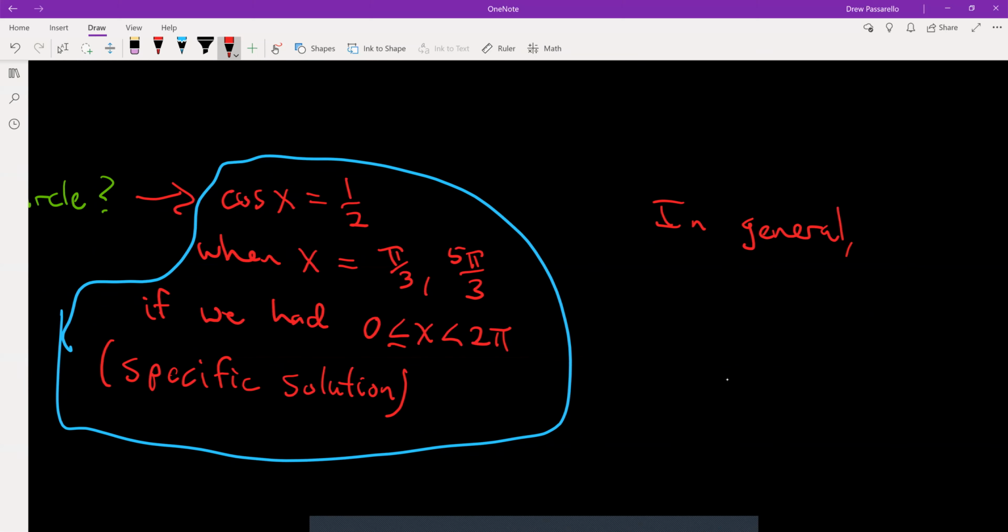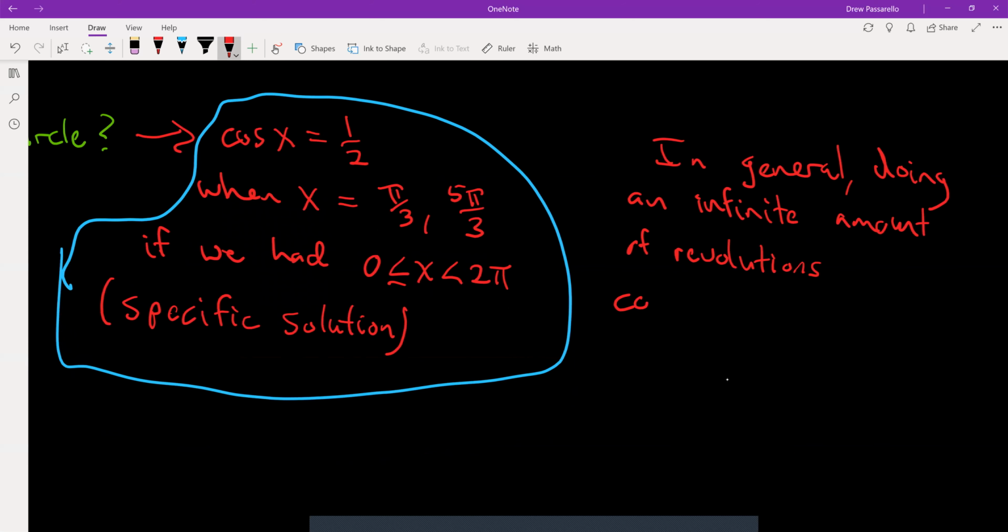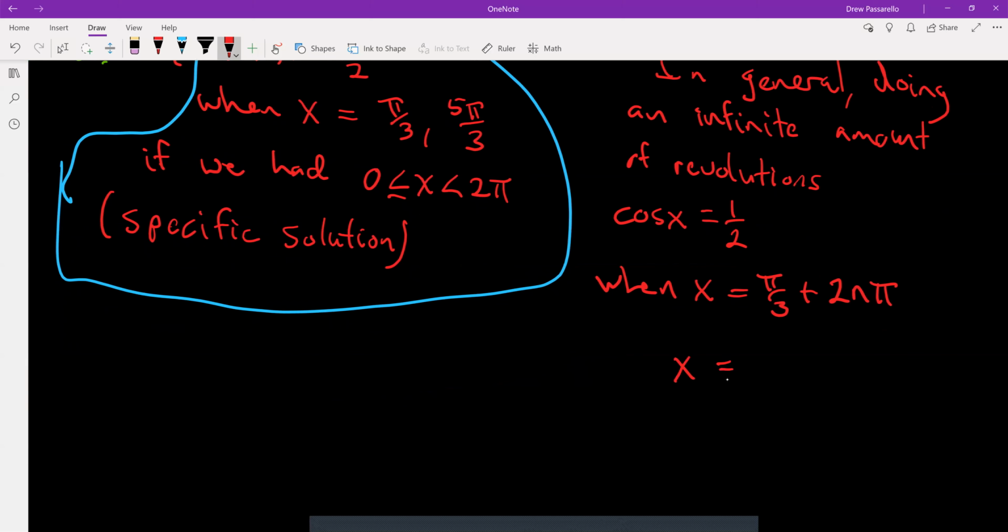So in general, it's when x is pi over 3 plus 2n pi, where n is an integer, and then x being 5 pi over 3, also plus 2n pi, where n is an integer.